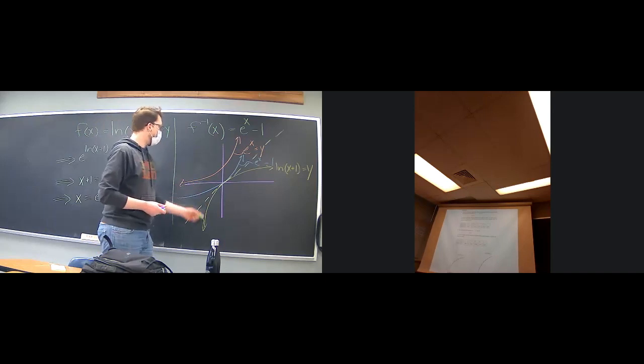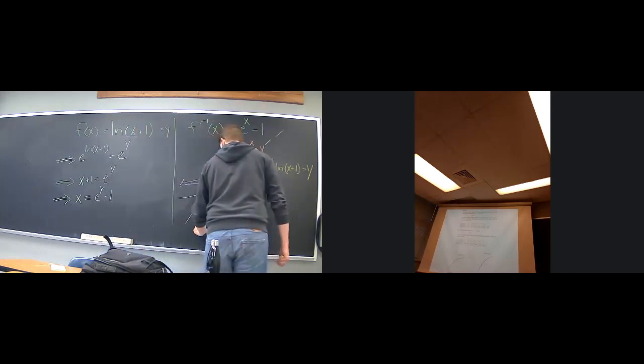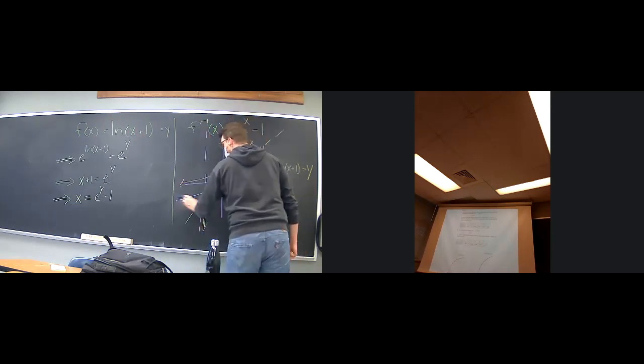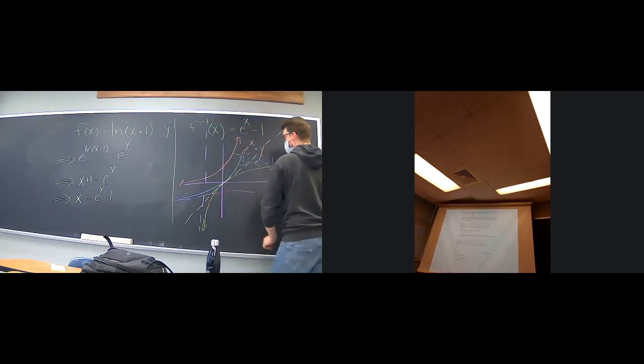Namely, those details are that we have an asymptote here and another asymptote here.